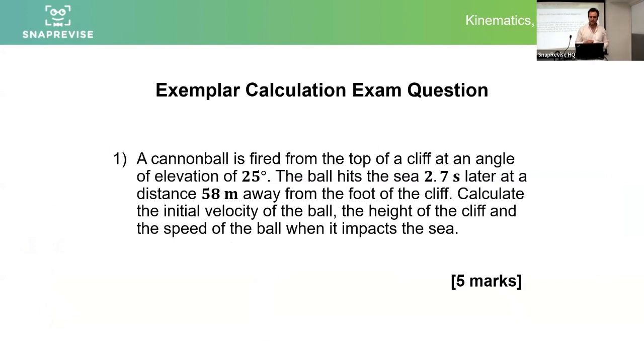Okay, so a cannonball is fired from the top of a cliff at an angle of elevation of 25 degrees. The ball hits the sea 2.57 seconds later at a distance 58 meters away from the foot of the cliff. Calculate the initial velocity of the ball, the height of the cliff, and the speed of the ball when it impacts the sea.